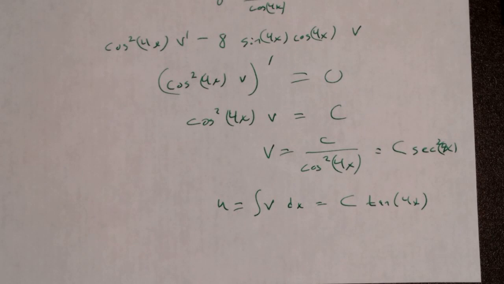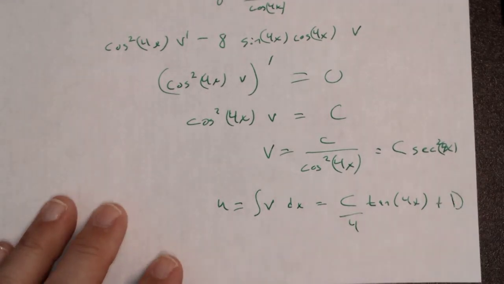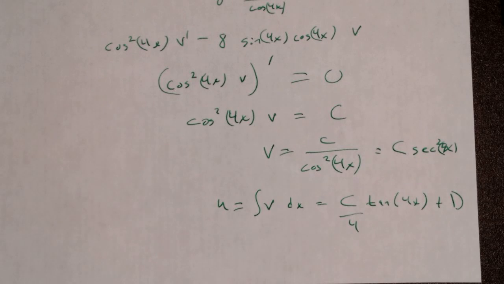Oh, what did I forget? There is another c, the 1/4. But now I can play the game. Constant over 4 is just another constant, right? I might as well let this be 1 and this be 0.